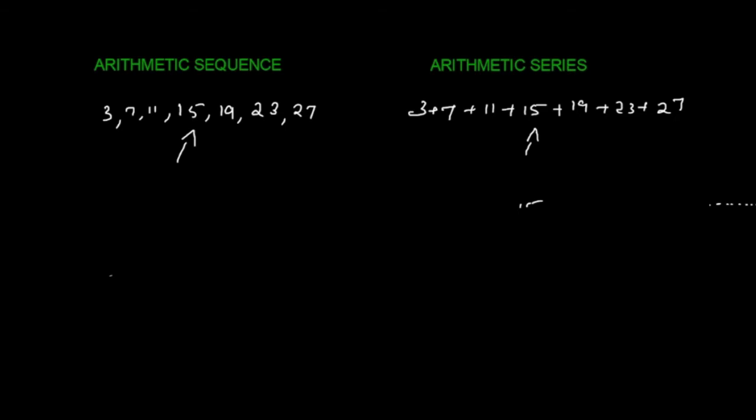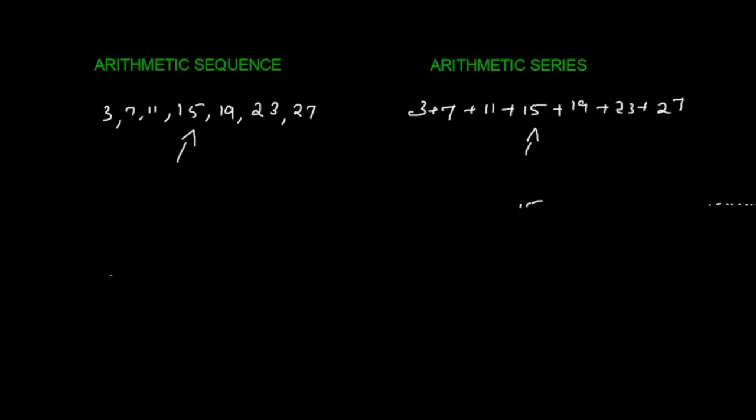So there are two types of sequences and two types of series. Now we will see the two types of sequences: finite sequence and infinite sequence. First one is the finite sequence. This is a finite sequence: 3, 7, 11, 15, 19, 23 and 27.